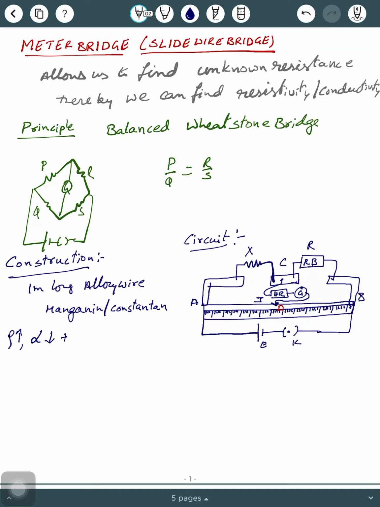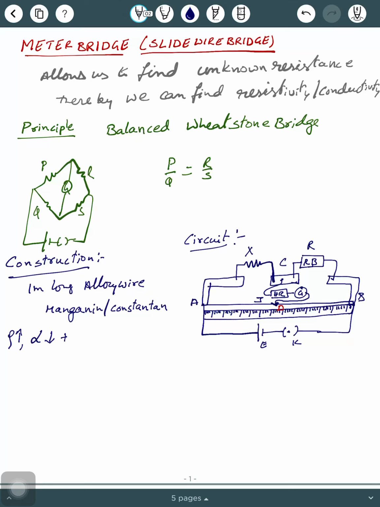In one gap we connect the unknown resistance X, in the other gap we connect a variable resistance box which offers resistance R, and the center point of the metallic strips C is connected to the alloy wire through a high resistance and a galvanometer with the help of a jockey. This jockey slides over the wire. As it slides over the wire, we also call it a slide wire bridge.